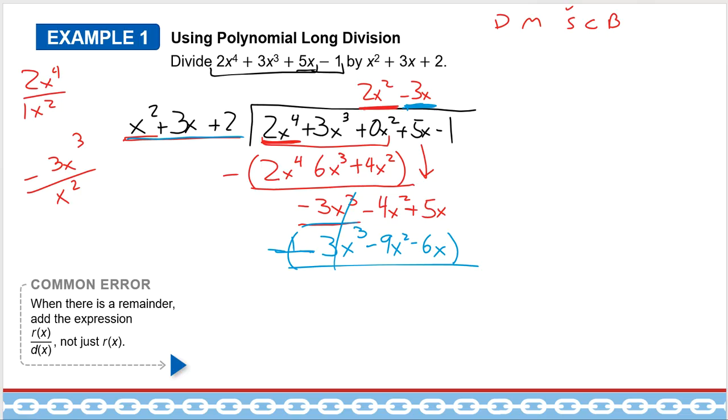Negative 4x squared minus a negative 9x squared would be 5x squared. 5x minus a negative 6x would be plus 11x. And I'm ready to bring down this minus 1. One more round of long division.